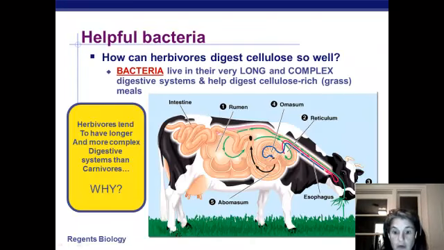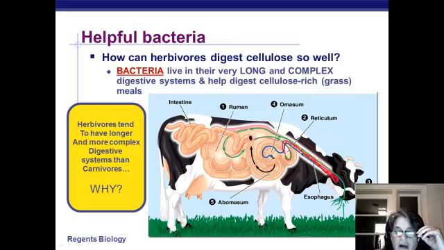They have a much more complex digestive tract than we do. I want you to look at this. This cow has, let me make sure I'm tracing this out properly, 1, 2, and then we're going to send the stuff up to get chewed again, chewing my cud, that chewed up grass.